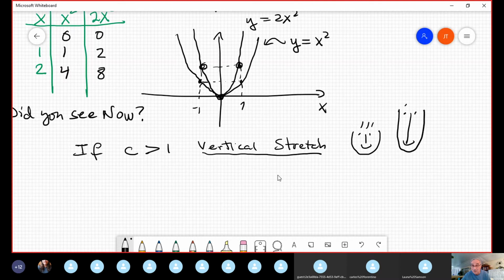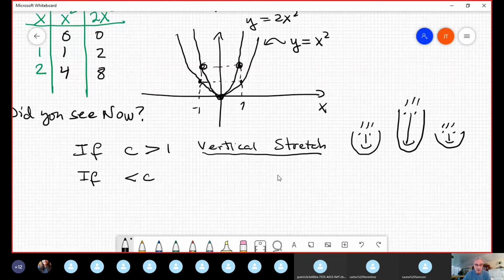This is vertical stretch. So you multiply my face again by 1/2. This is my new face. I suppose I don't do it well. 1/2 is compressed. So if C is a number between 0 and 1, it is vertical compression.